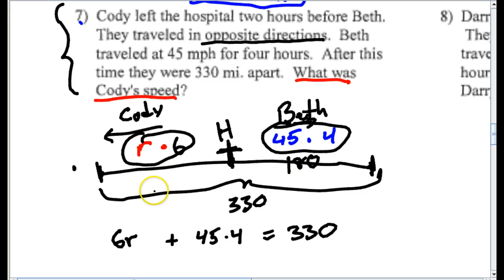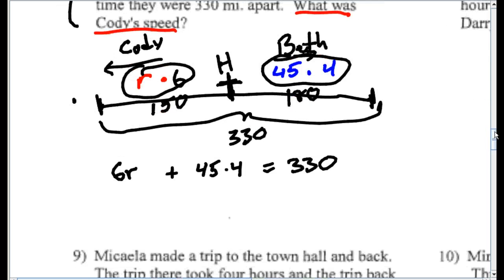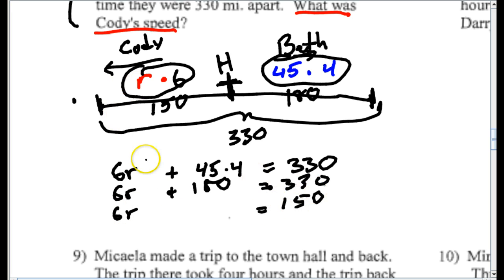This would have to be 150. And if you're going for 6 hours, you drive for 6 hours and you get 150 miles, how fast were you going? Figure that out. 6R plus 180 equals 330, right? So 6R equals 150.